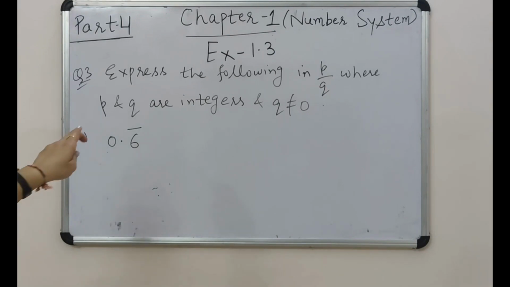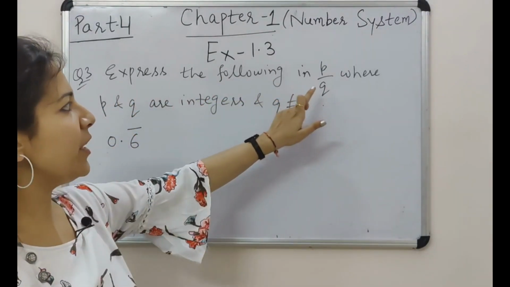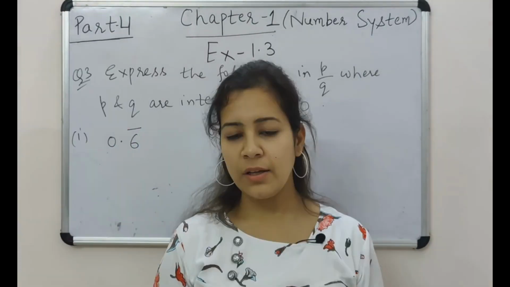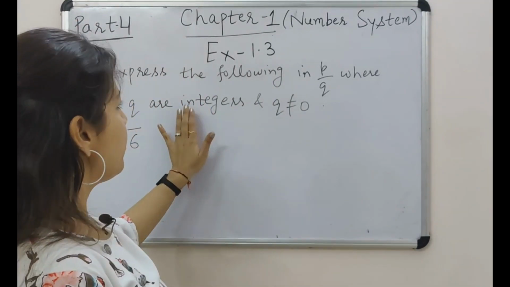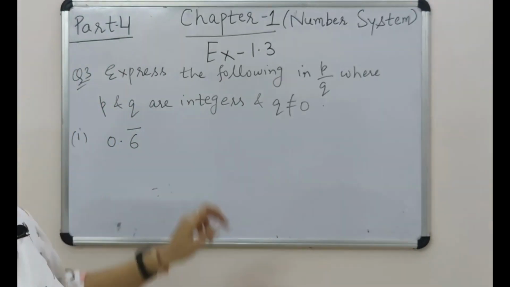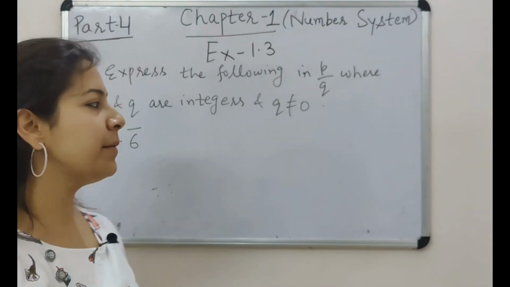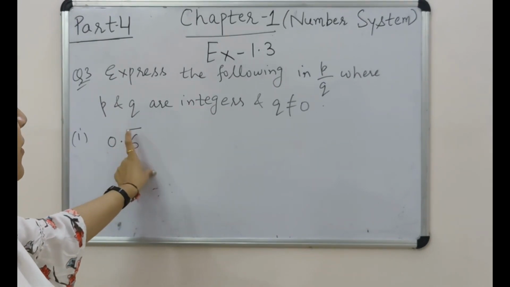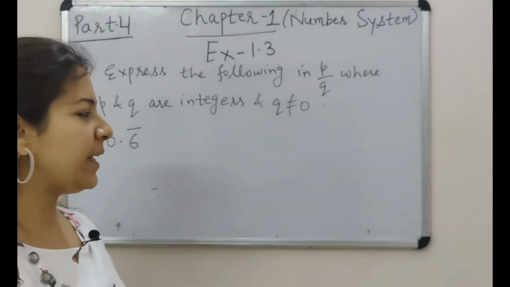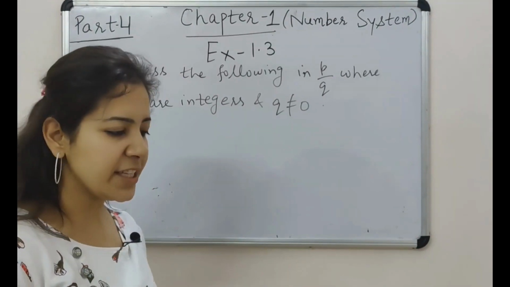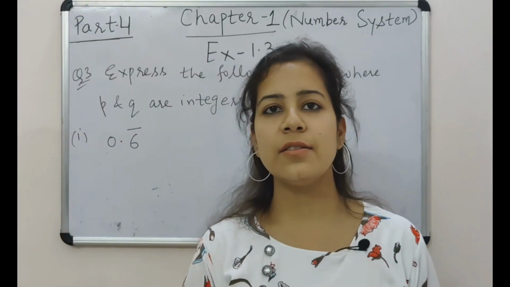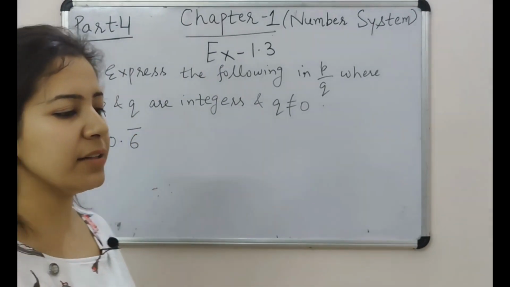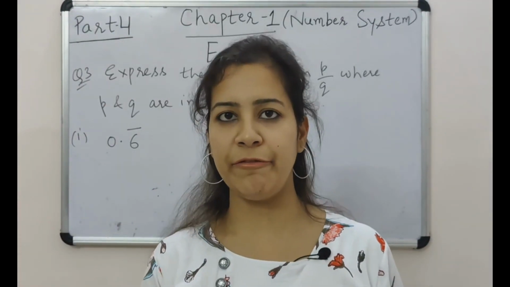What is the third question now? Express the following in p by q form, where p and q are integers and q is non-zero. It's the same thing which we have done earlier, the traditional definition of rational numbers. Now this is the form given to us, 0.6 with a bar over it, which means this is a non-terminating but recurring decimal expansion, because the bar is the indicator that this 6 is going to repeat itself.